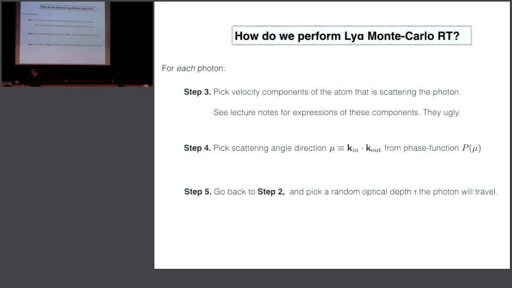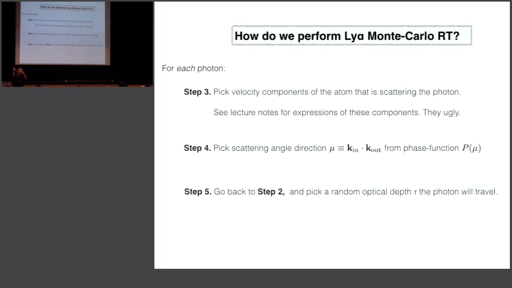Now this is step 3. I'm not going to write it out, but step 3 is, I think, the messy part. You would like to know which atom is scattering the photon. Generally speaking, the velocity distribution of atoms is given by a Maxwellian, so you say, why not just pick them from a Maxwellian distribution? Well, the problem is that if your photon is moving with some frequency in this direction, and your atom is moving this way or this way, in the frame of the atom the photon will have very different frequencies.